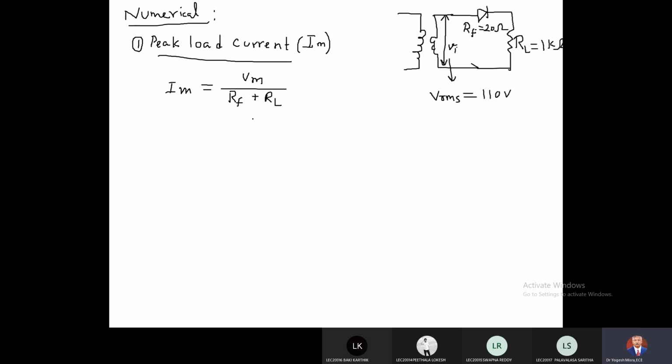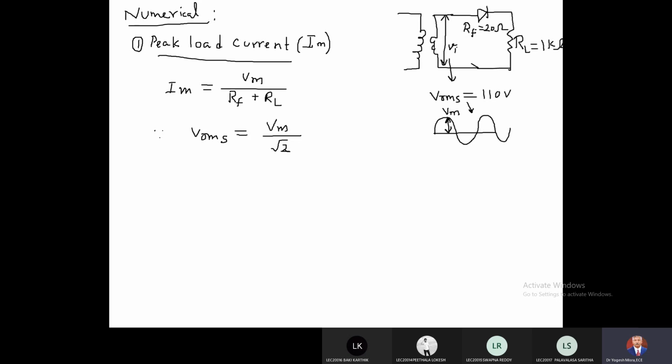Now what is the value of VM? So VM, how we can calculate? Since VRMS is equal to VM, peak voltage, divided by root 2, right? Because here this Vi is AC and its RMS value is given.